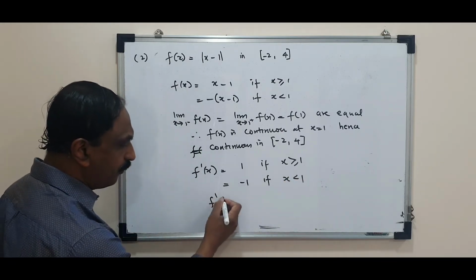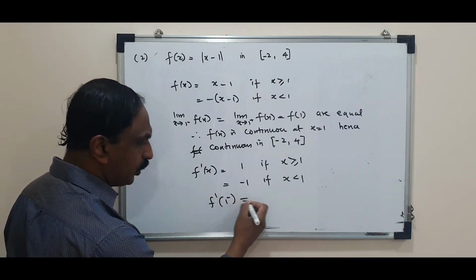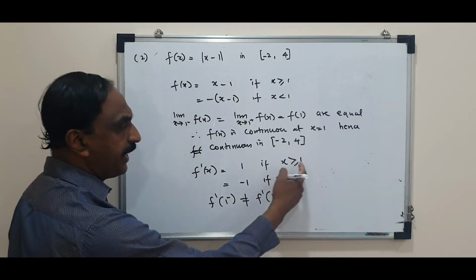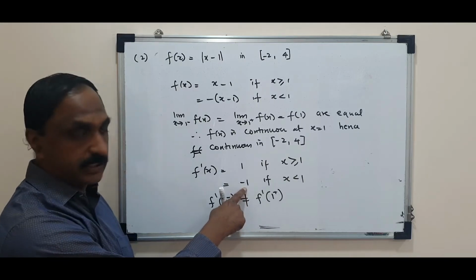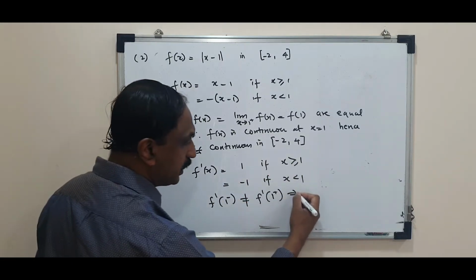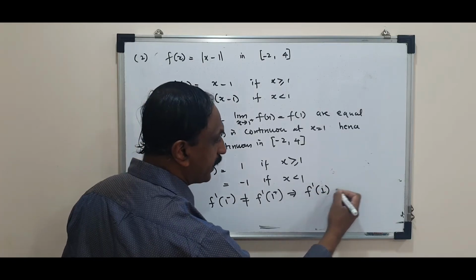So f dash of 1 minus is not equal to f dash of 1 plus. When x is a little less than 1, f dash of x is minus 1. A little more than 1, it is plus 1, which implies f dash of 1 does not exist.